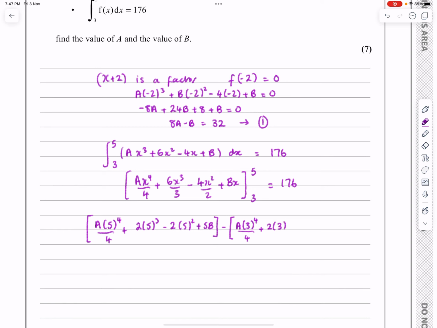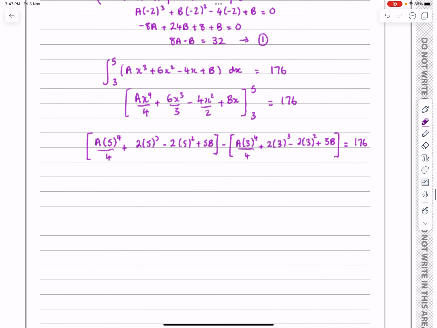You've just got to think about how long this is taking you to write out compared to how many marks this is going to be worth. Well, I've already done this, so I'm just going to jump straight to what that gives us. If you multiply that all out and tidy it up, it comes to 136a plus 2b equal to 12. That's equation number 2.